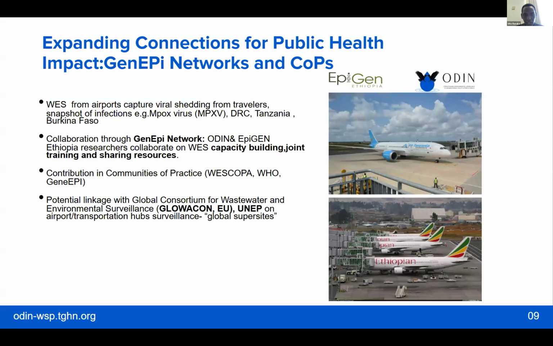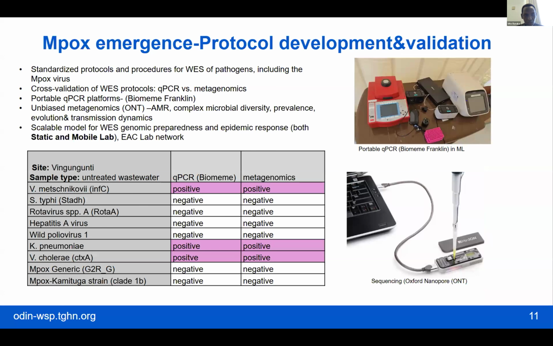And this is relevant because some of the mpox patients will probably not present at the facilities, and therefore we think there's a potential for using wastewater surveillance in understanding what is going on at the population level.